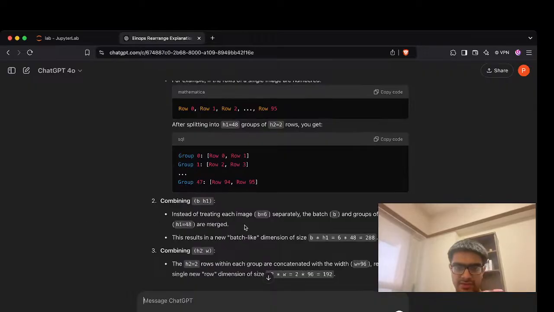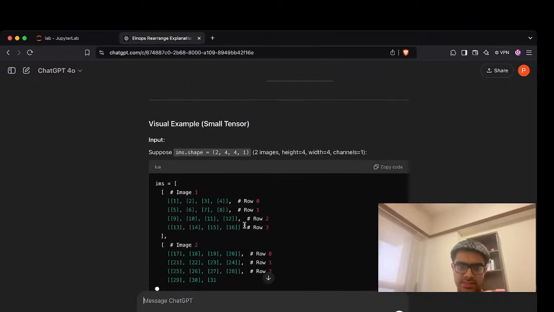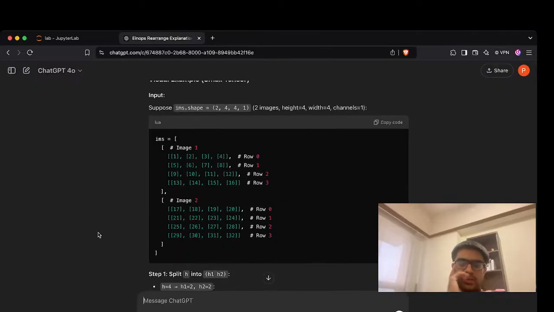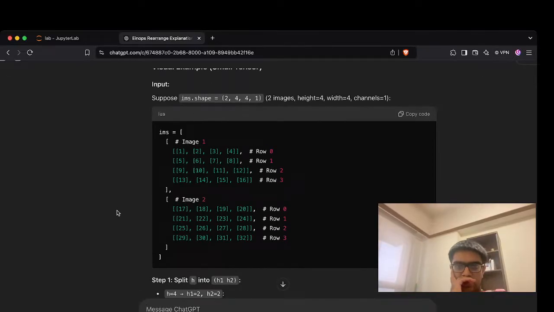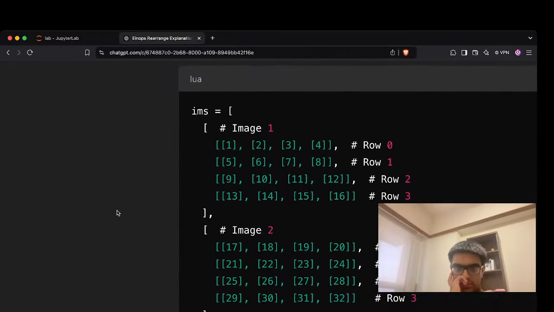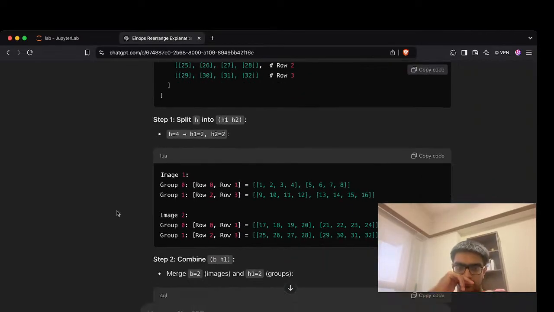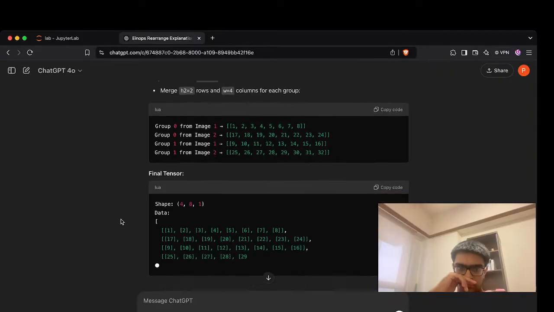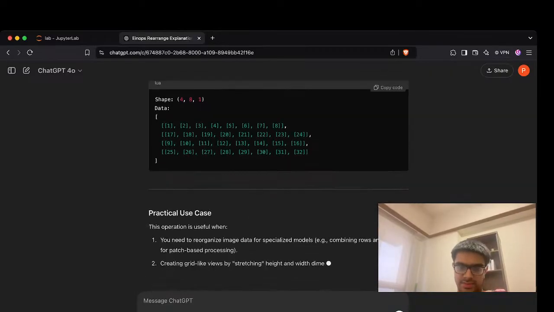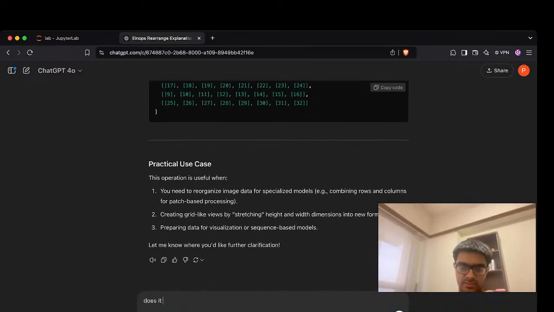It's telling me stuff I know already. I know this. Right, okay. 2, 4, 4, 1. Then I split my 4 into 2 by 2. And stop. In my thing, it leads to the image being duplicated.